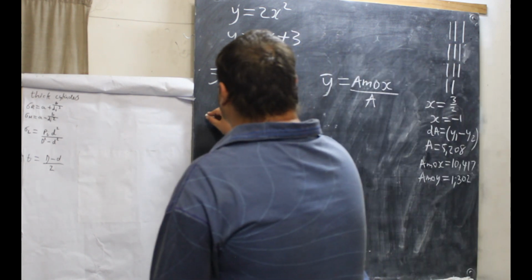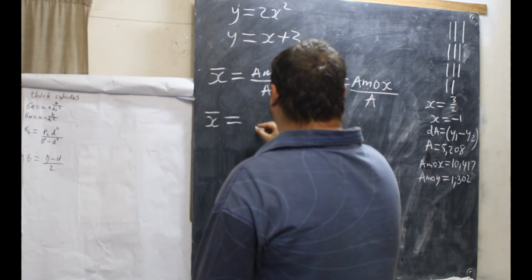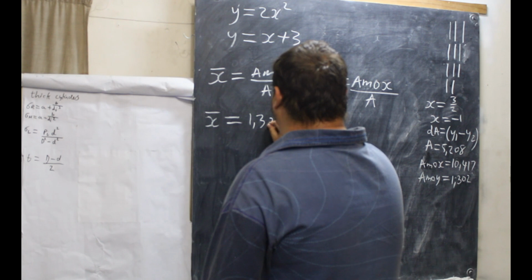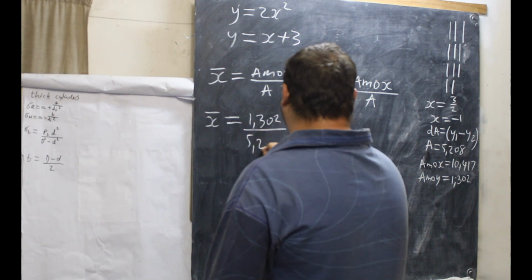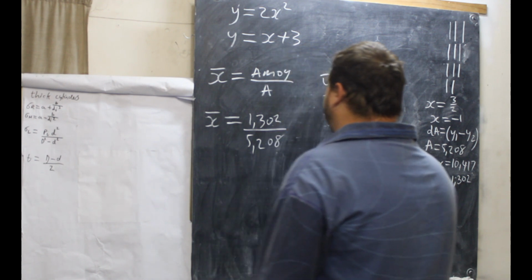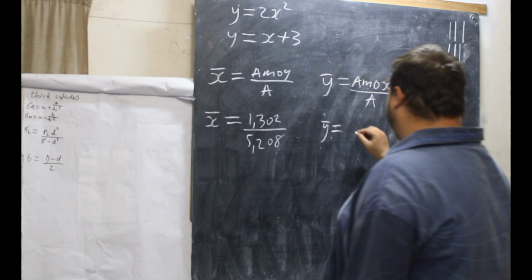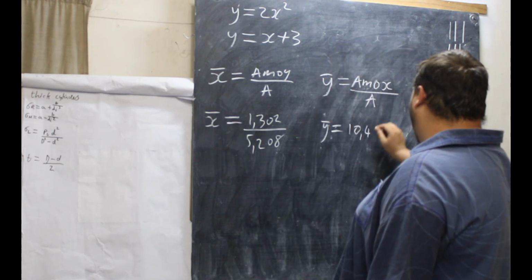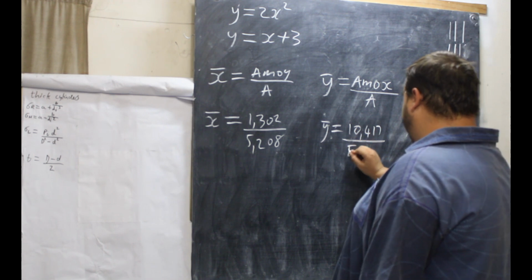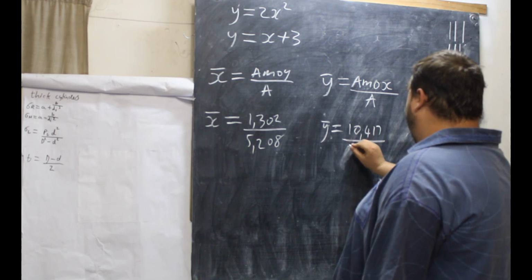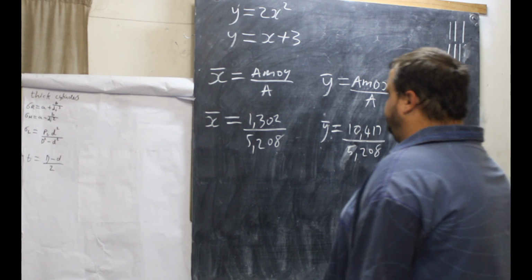Now we have all our necessities, so x bar equals AMOY, 1.302 divided by 5.208. And y bar is equal to 10.417 over 5.208.